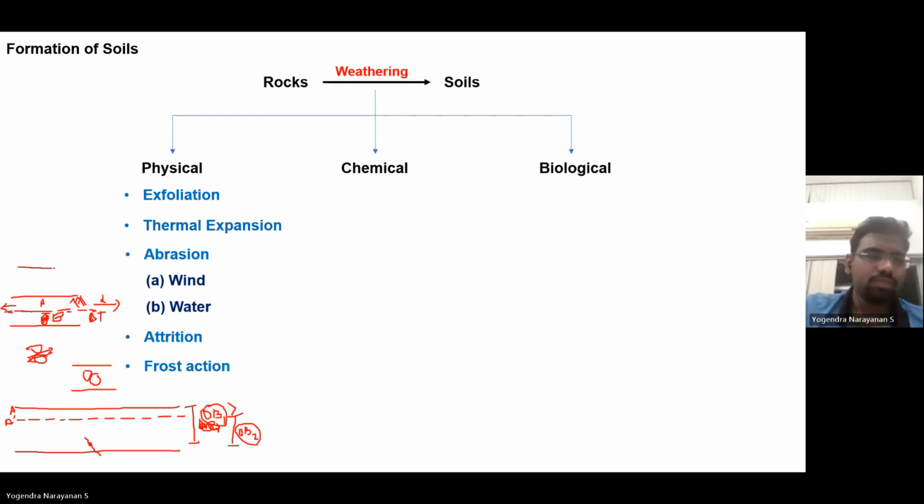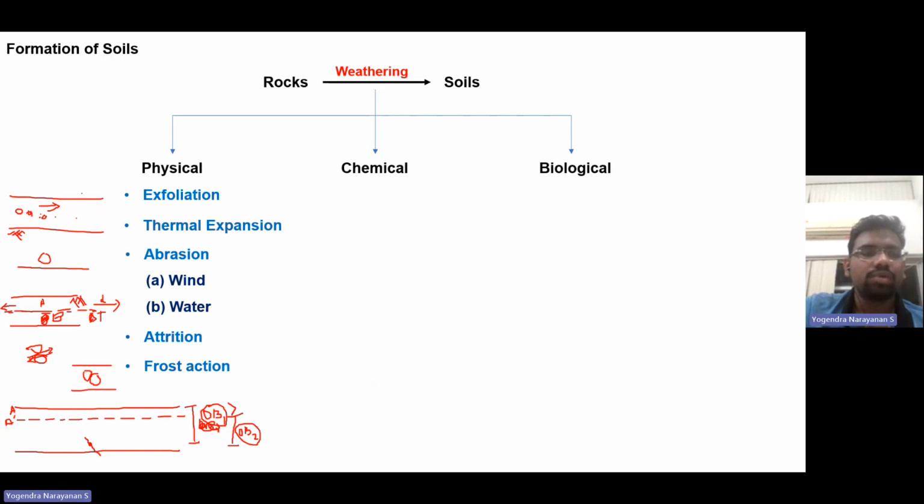Whereas attrition is the interaction of one particle with another surface, completely another surface, which is not suspended. For example, if you consider a moving water body and the ground further, there will be particles suspended in it.